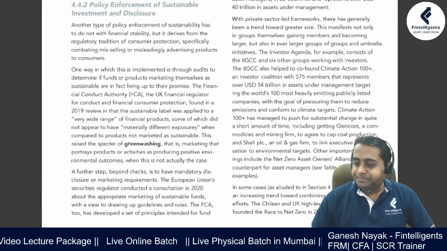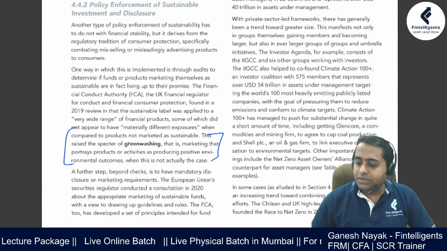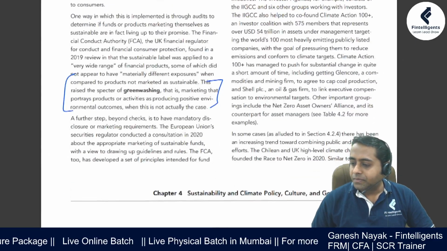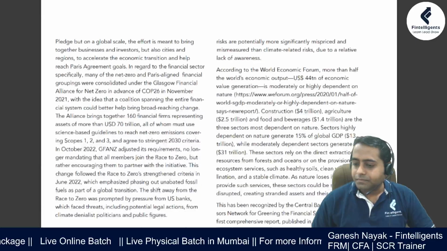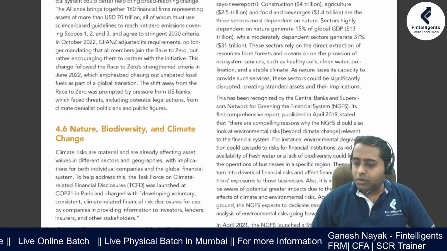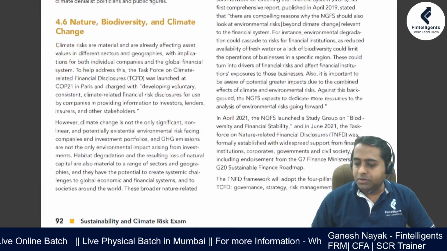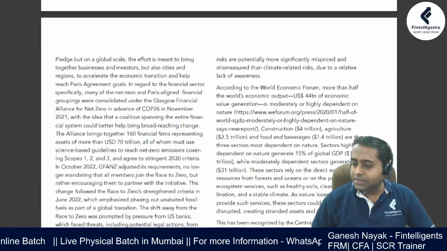This part, more or less theoretical information, so not that very important for the exam.